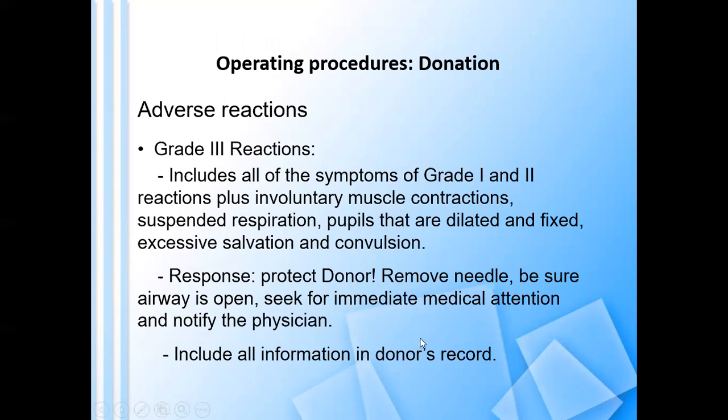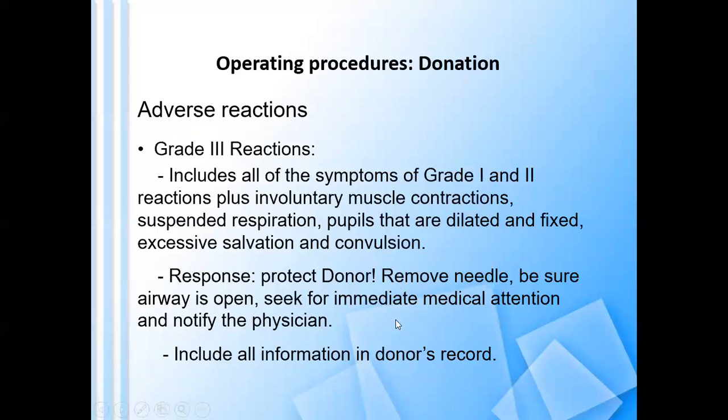There is another type of adverse reaction that could happen, which we categorize as grade 3 reactions. Grade 3 reactions include the grade 1 and grade 2 reactions, plus involuntary muscle contractions.